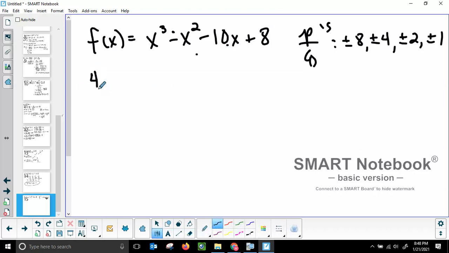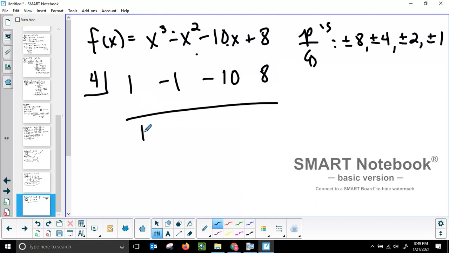So let's look at 4. How did I mess this up if it works? So 1, 4, 3, 12, 2, 8. Yeah, no, that doesn't work. Son of a biscuit.